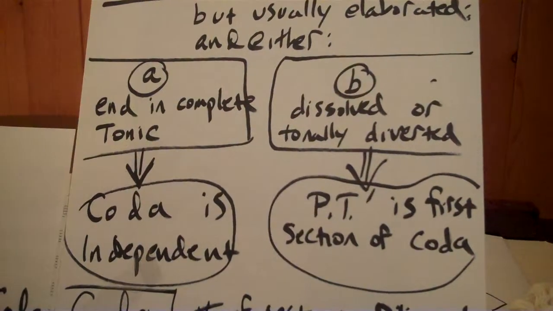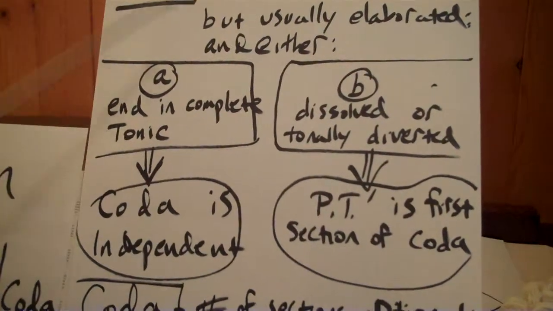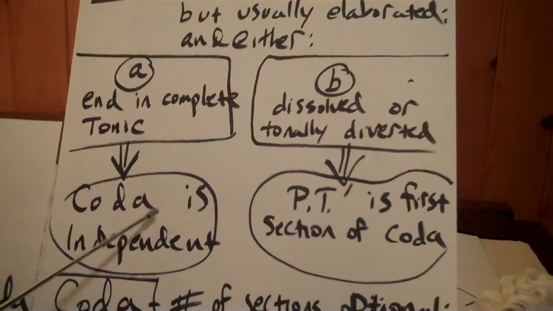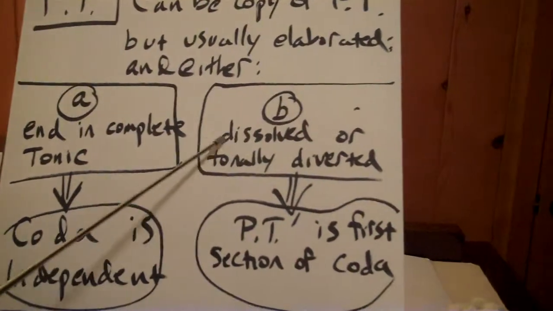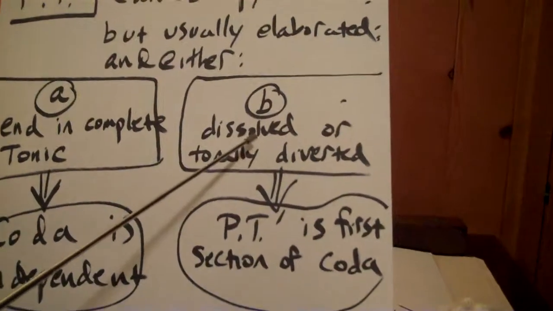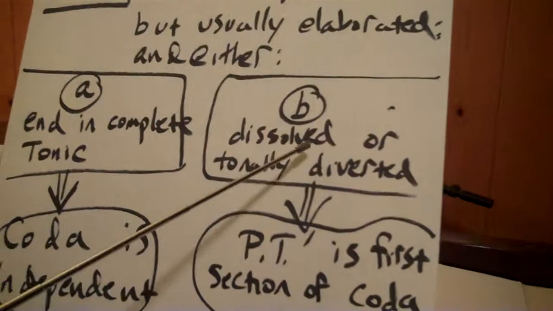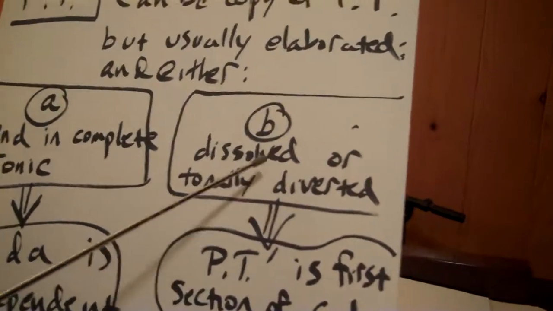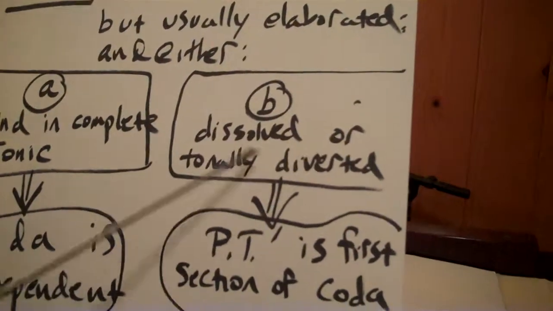So in other words, the principal theme ends and then a new section begins, which is the coda, the last section of the piece. The other option is it uses dissolution again, a different way of modulating to the coda, or is tonally diverted.